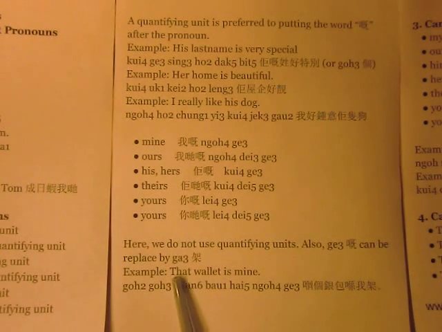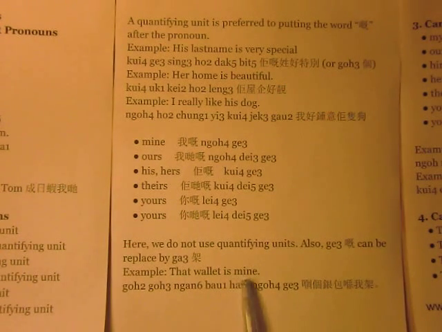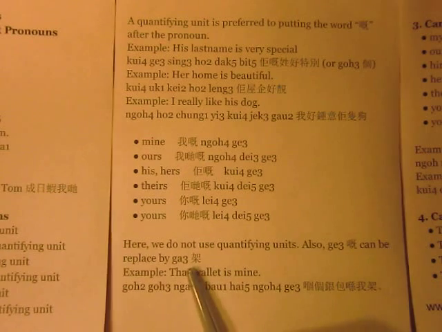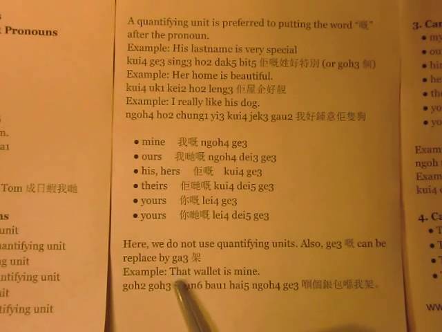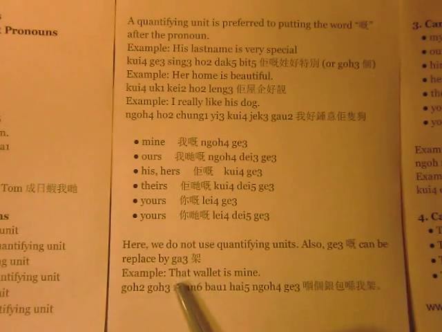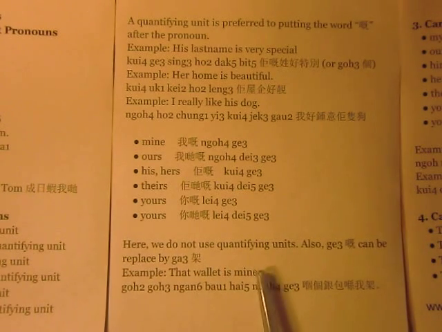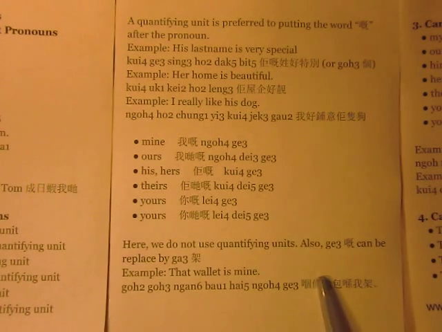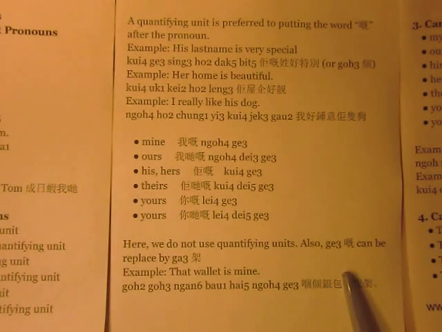So, for example, that wallet is mine. 嗰個 wallet. As I've said last time, we do not use "the", so we have to use something like 嗰個. Or you can say "the wallet is mine" in English, but we do not say "the" in Cantonese. 嗰個 is the quantifying unit for wallet.